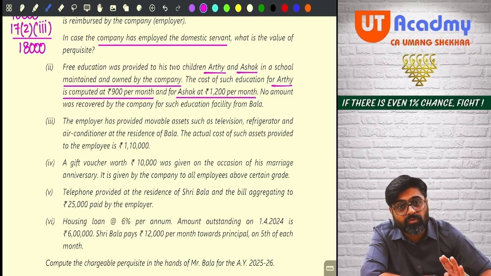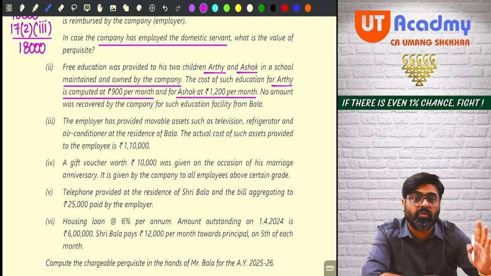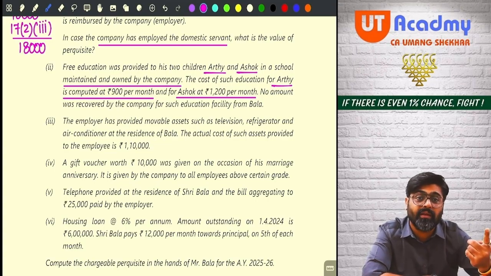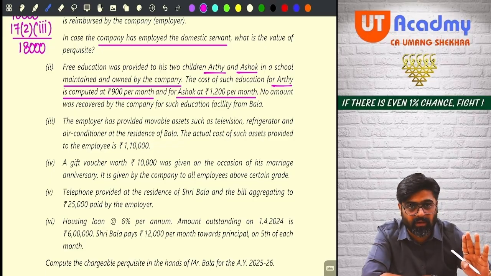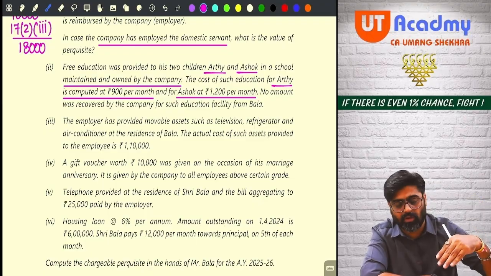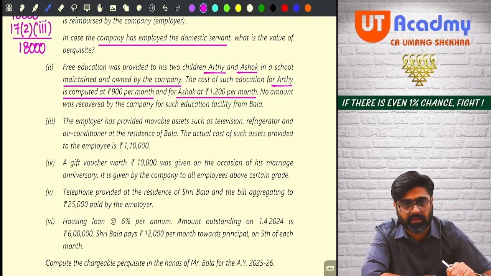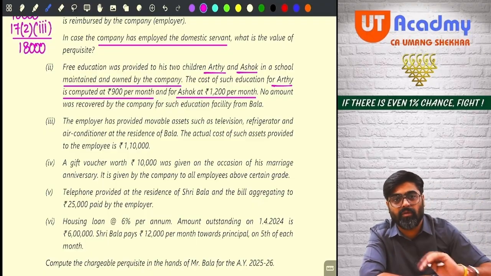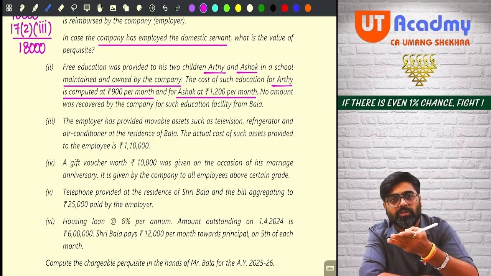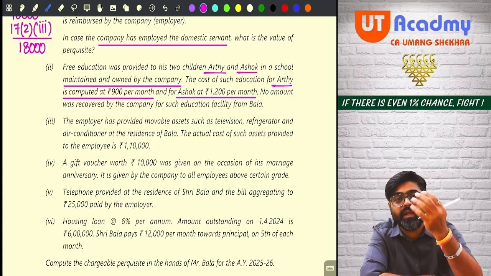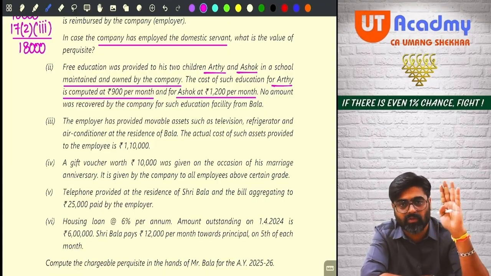So the amount computed for Ashok was 1,200, which is more than 1,000. So 1,200 will be fully taxable, or maximum 200 can also be taxed for Ashok, and for Aarti nothing will be taxed. Why? Because for her the cost of education is computed at only 900 per month, which is less than 1,000.